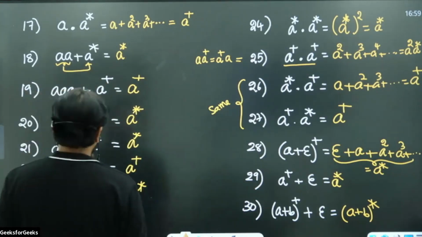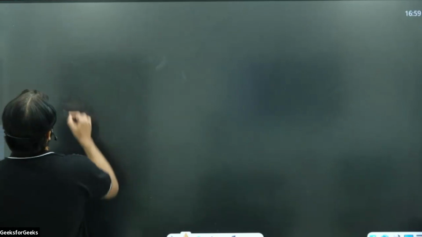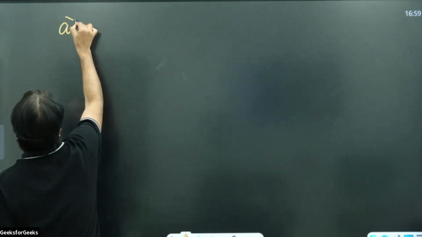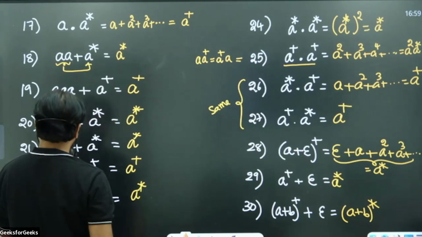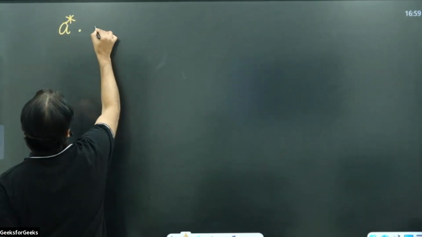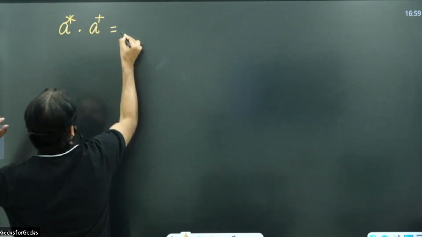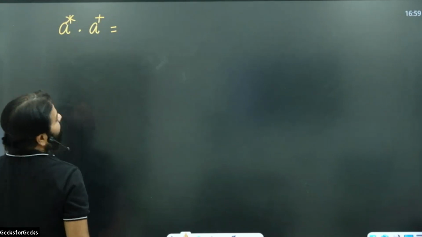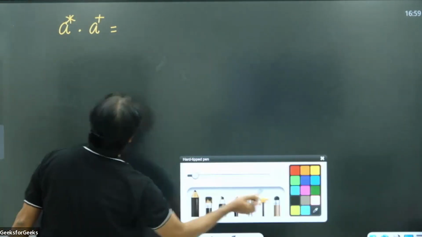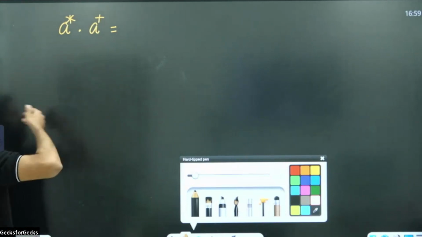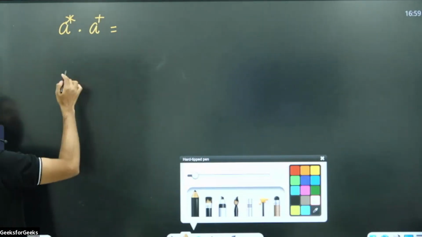26, 27. Just now explained. A star dot A plus, correct? Now I'm trying to show that you don't need to understand every string, because the same string happens multiple times.